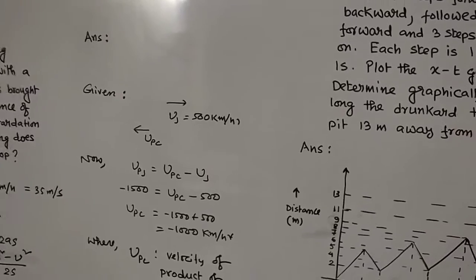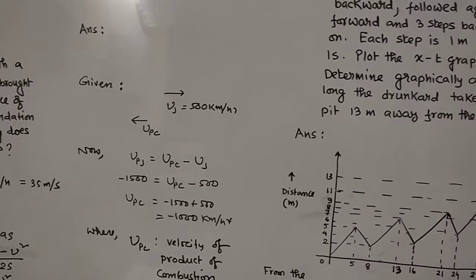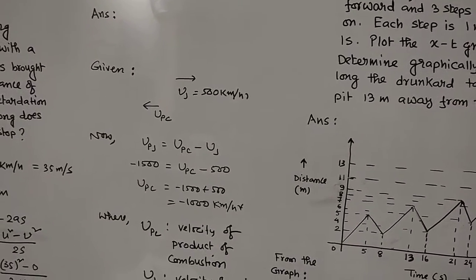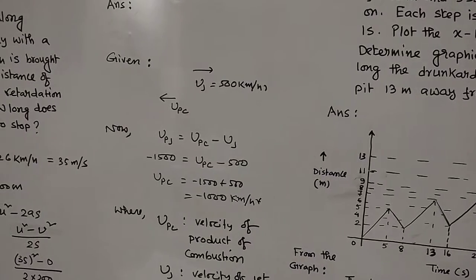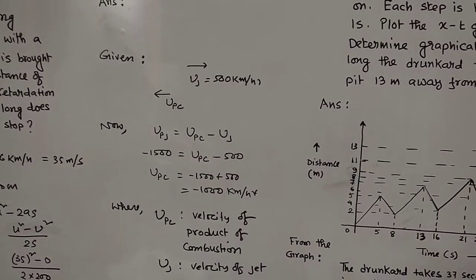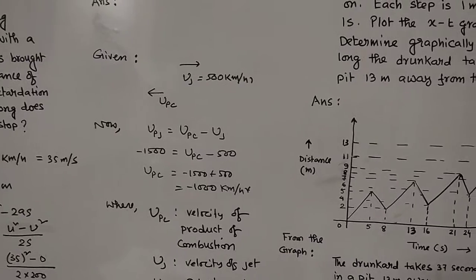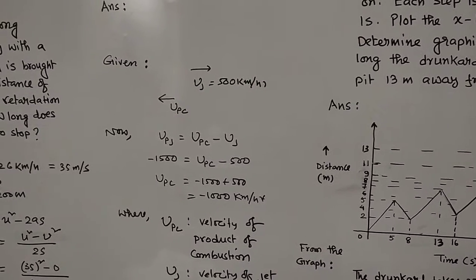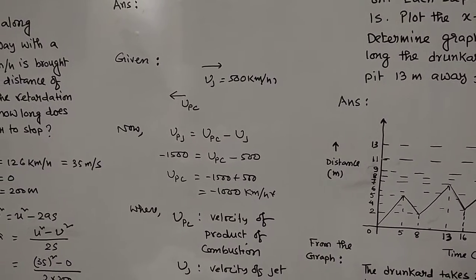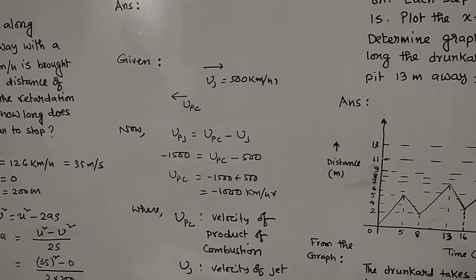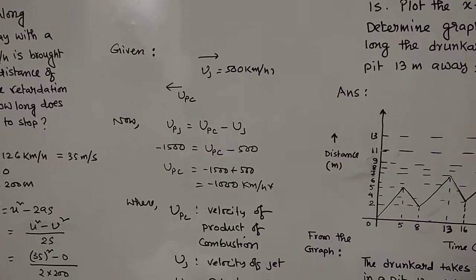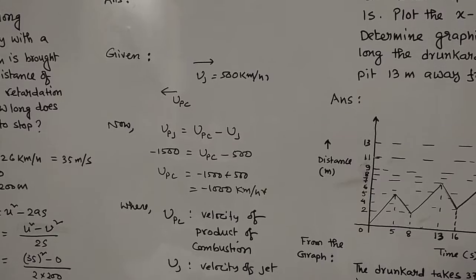We have given from left to right 500 km per hour. So definitely the product of combustion will be released from right to left, as the jet is moving from left to right. So the relative speed of the product of combustion with respect to the jet plane is your VPJ.